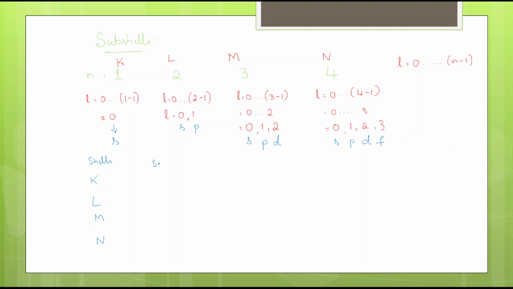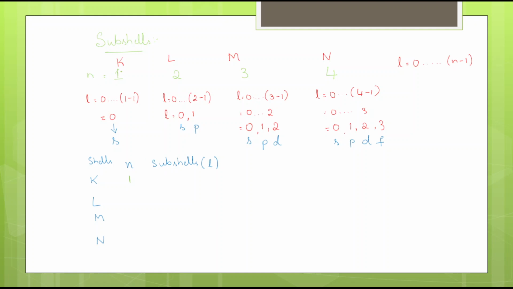So we'll mention the subshells here. We need to write the N value also over here. Subshells are nothing but the L values we are going to mention. If it is the K shell, the N value will be 1. And which subshell do we have?